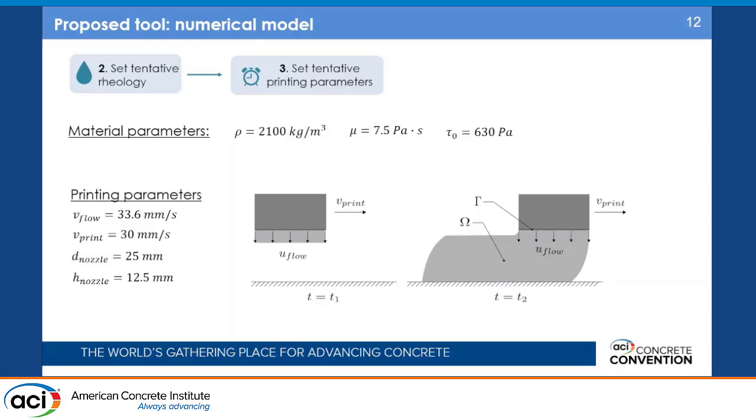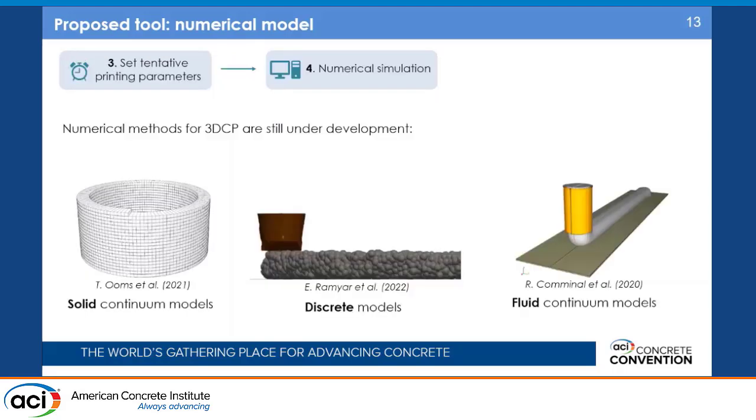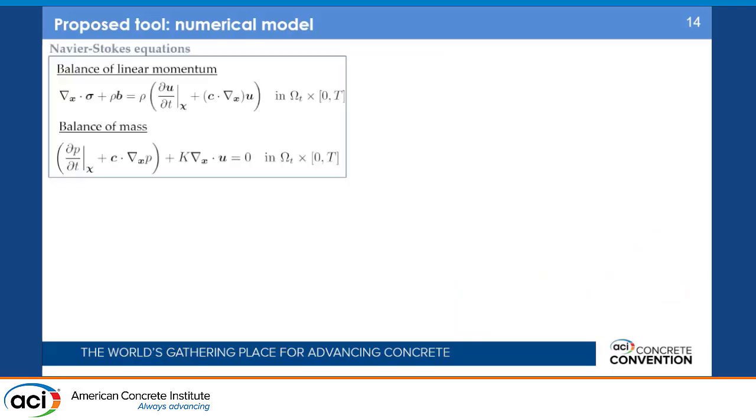So with the set of material properties we have defined and these printing parameters, we can perform a numerical simulation. What are the available tools? Well, different methods are under development. In this talk I will focus on fluid models, which is the one that we have been developing.